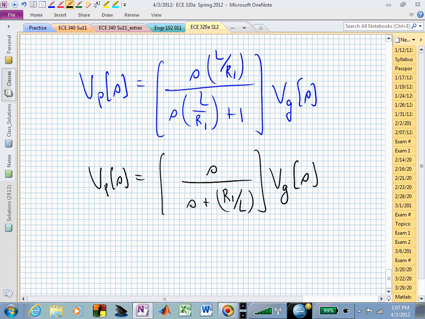Now I'd have a thumbtack right at the S equals 0 origin in the S-plane, and I have a finite pole at minus R1 over L. That zero is going to be coming up for all frequencies. That S is always on. It's never going to get turned off or on because there's no plus anything here. This S is always active.